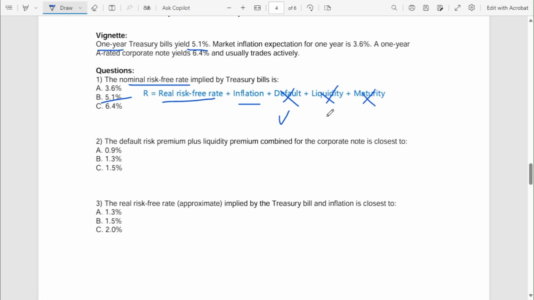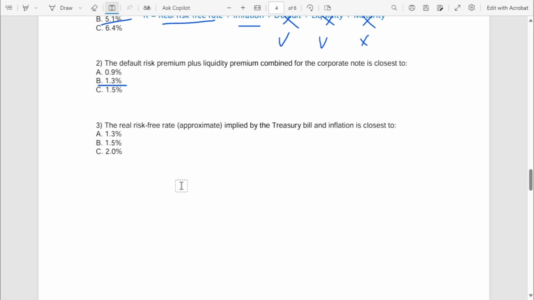They are less liquid than US Treasury bills, so we are going to have liquidity premium here as well. But since they have the same maturity, a year, the maturity premium is going to be the same for both the treasury bill and the corporate note. So if we subtract 5.1% from 6.4%, we are going to end up with default and liquidity premium, which is going to be 1.3%.